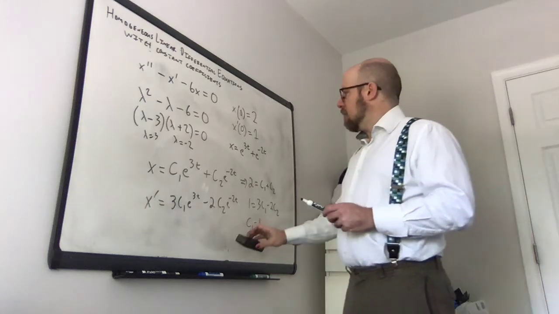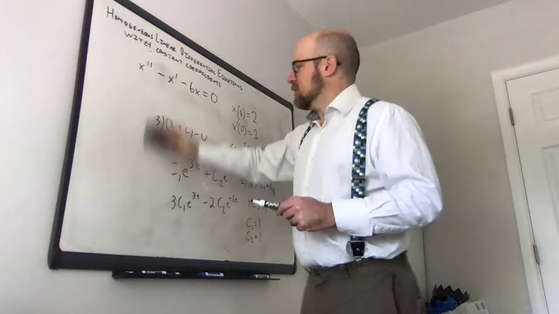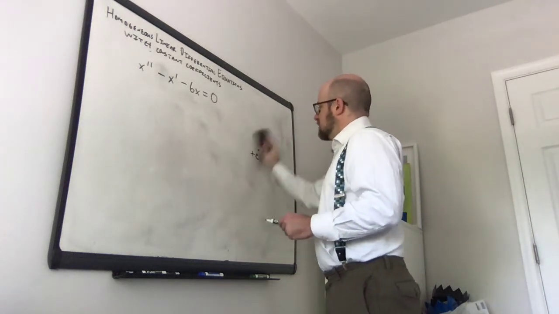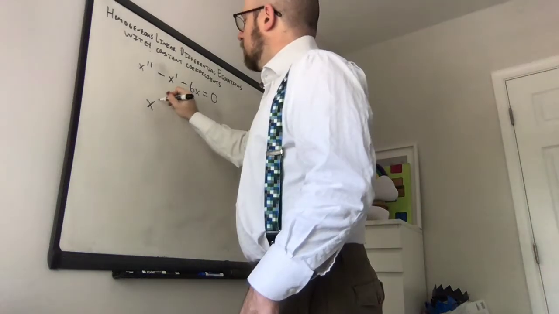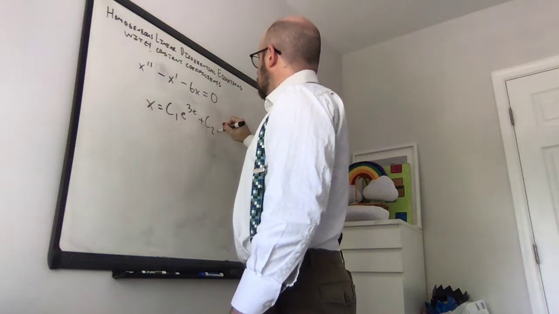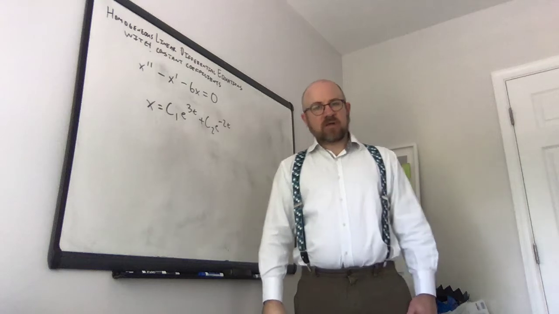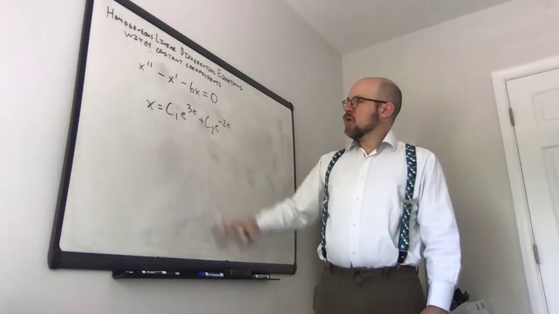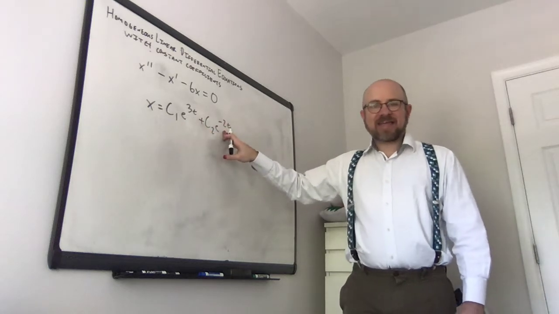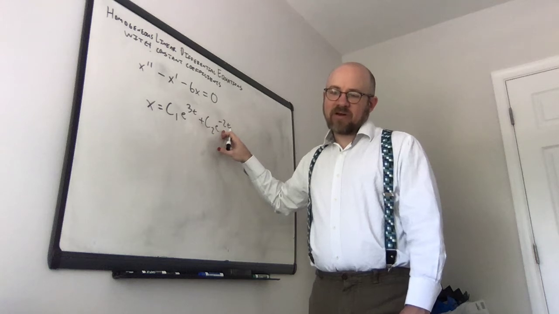Let's talk a little bit about behavior. So what does the equation, if we go to this solution, right, we've got this particular solution, or even just the general solution, x equals c1 e to the 3t plus c2 e to the negative 2t. How is this solution going to behave? Well, you've got a term that's growing exponentially and a term that's decaying exponentially, and you're adding them together.